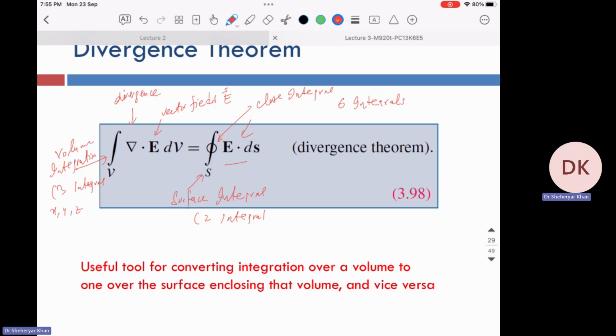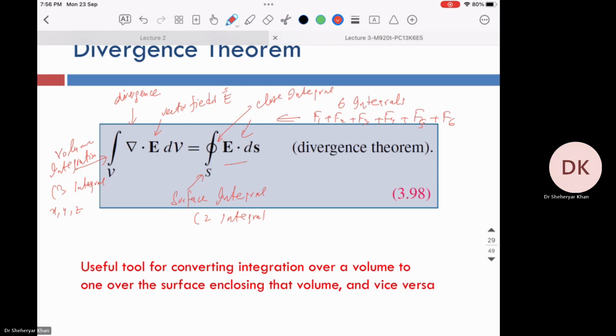Then add these 6 integrals: f1, f2, f3, f4, f5, and f6. And the answer is very simple using 3 lines: you take the volume integration of the divergence. That's the reason divergence is very important.